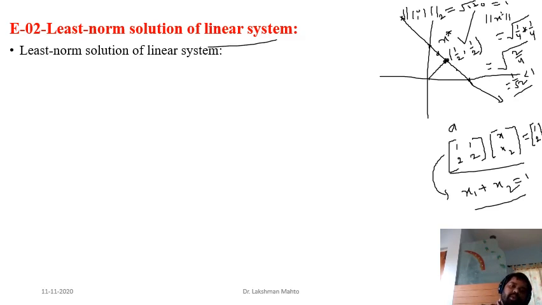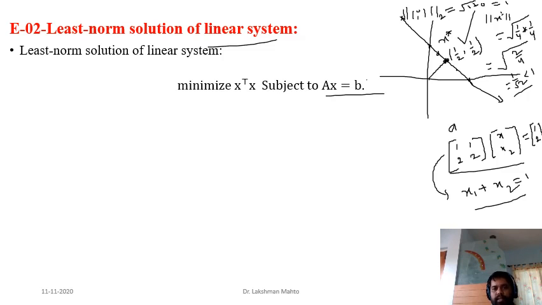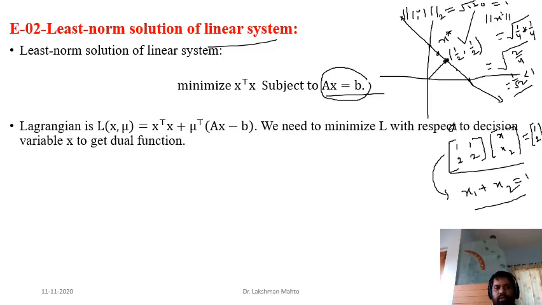We will first find the Lagrange dual of this problem. We are minimizing x transpose x subject to Ax equal to b, where Ax equal to b is a consistent system having infinitely many solutions.